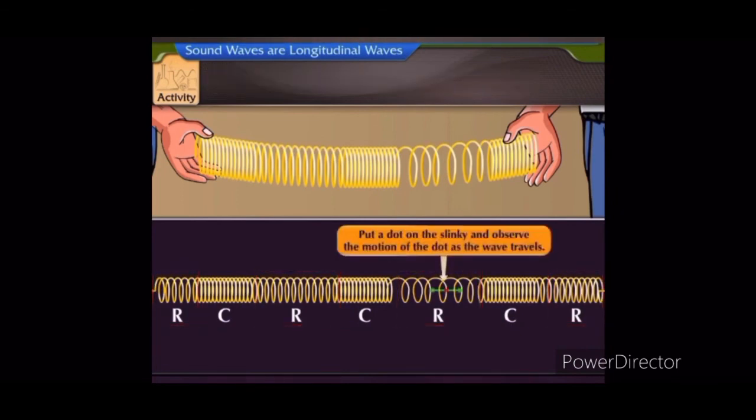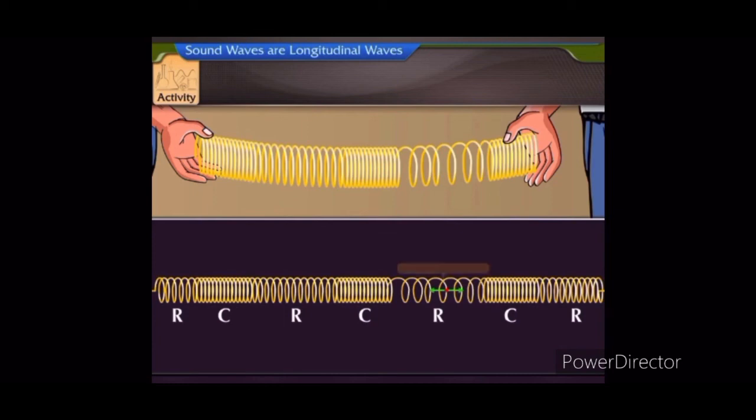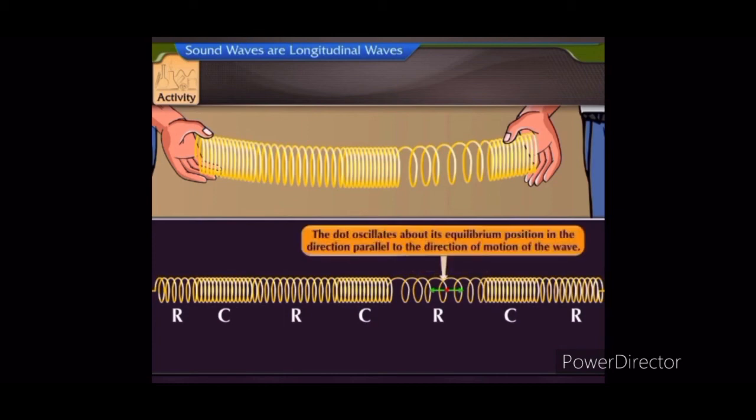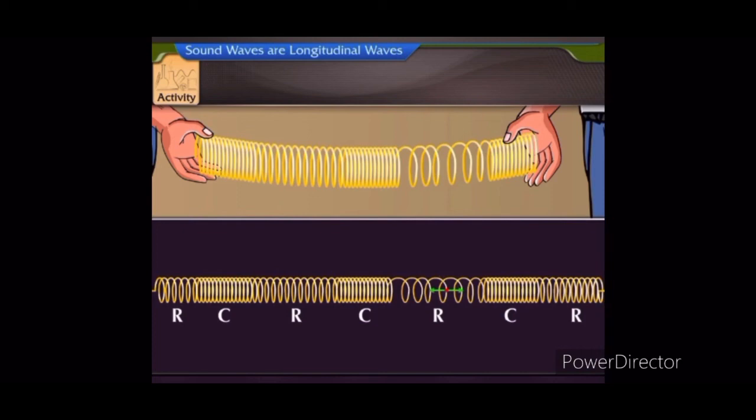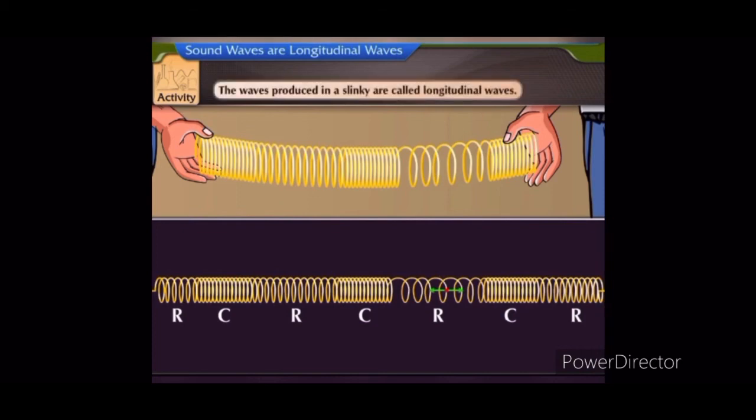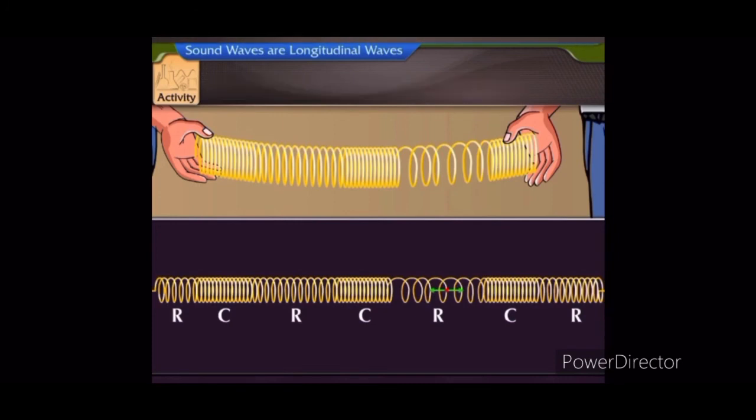If you put a dot on the slinky and observe the motion of the dot as the wave travels, you will find the dot oscillates about its equilibrium position in the direction parallel to the direction of the motion of the wave. The waves produced in a slinky are called longitudinal waves.